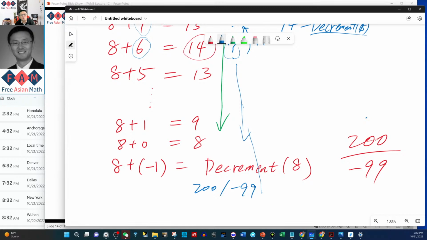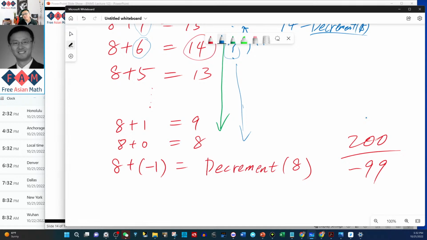So this does not make sense. The only sensible way to define 8 plus -1 is to define it this way. Make it 1 less than the last result you get, which is 8.